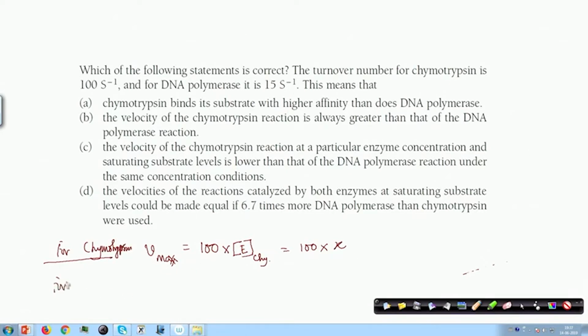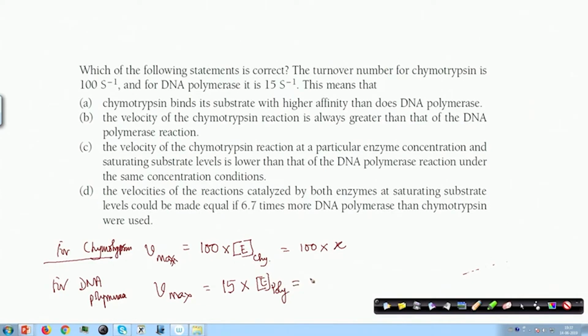So, for DNA polymerase what will happen? You are using an enzyme concentration which is 6.7 times. DNA polymerase is 6.7 times more concentrated than the chymotrypsin. So, in that case, Vmax will be equal to what? It has a turnover number of 15, this means K2, and then the enzyme concentration of polymerase.